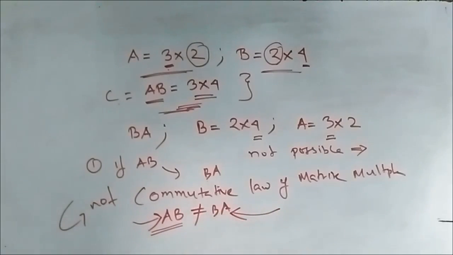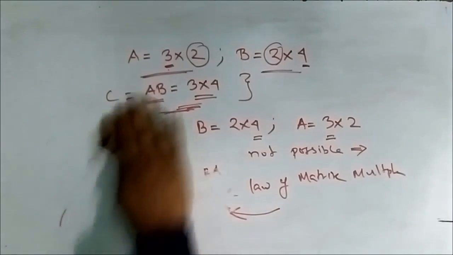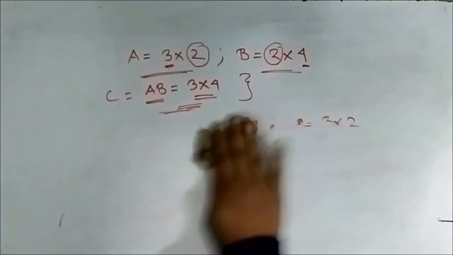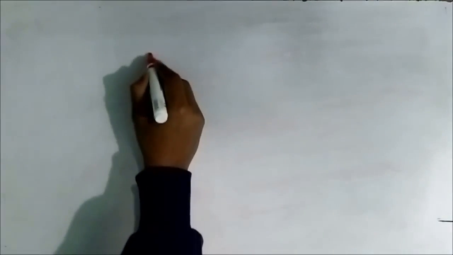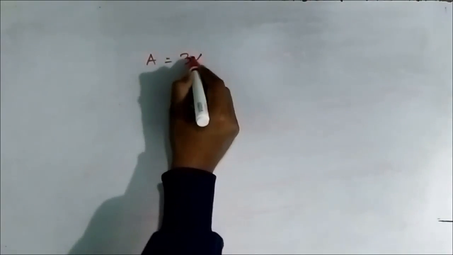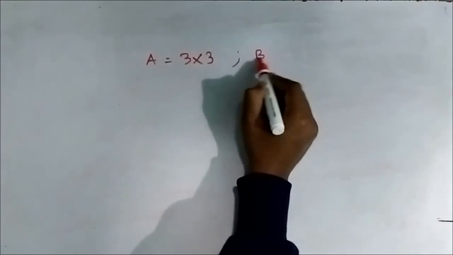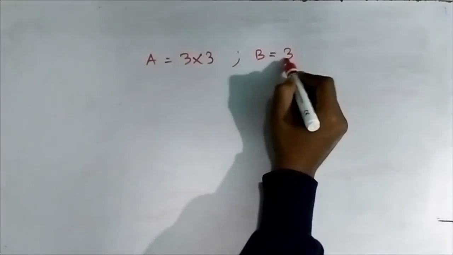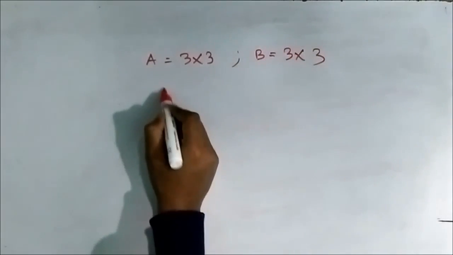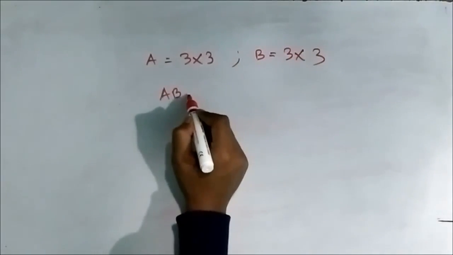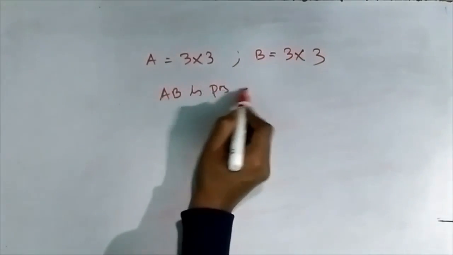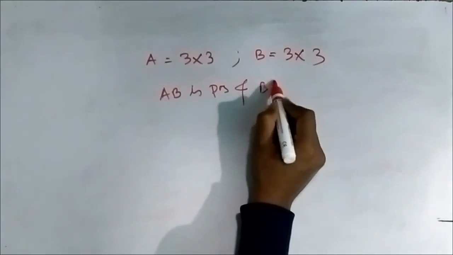But if these two matrices are square matrices of the same order, suppose A is of order 3 cross 3 and B is also of order 3 cross 3, then AB is possible and BA is also possible.